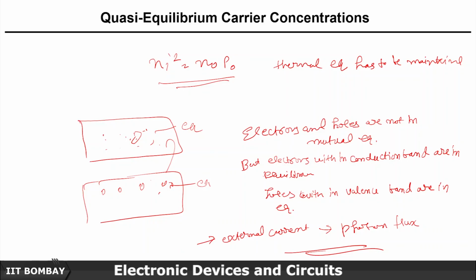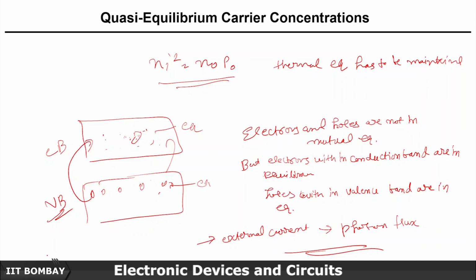As I said, there is some external force which takes the electron from the valence to the conduction band, okay, and this equilibrium is being disturbed. Electrons get busy within the conduction band. So it arises when the relaxation time for transitions within each of these bands is much shorter than the time it takes to move from the conduction band to the valence band.